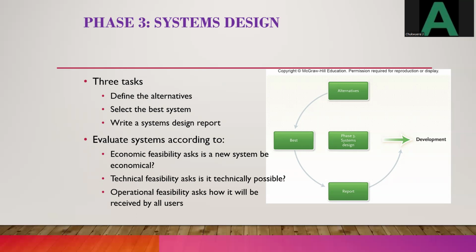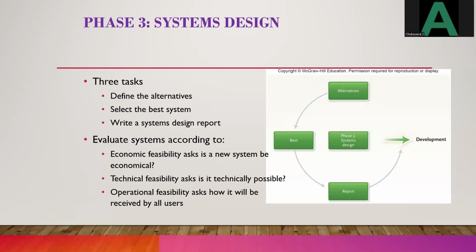So evaluate the system according to economic viability. Ask if the new system is economically viable. If we say we're going to buy, do we have the money? The technical feasibility asks, is it technically possible? Do we have the technical know-how, if we buy, to manage the system?